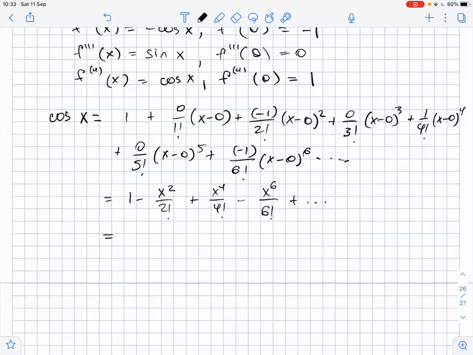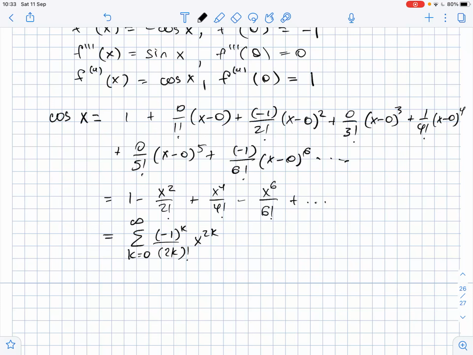So if we write this down in sigma notation, we get that this equals the sum of negative 1 to the power of k over (2k) factorial times x to the power of 2k, where k goes from 0 to infinity.